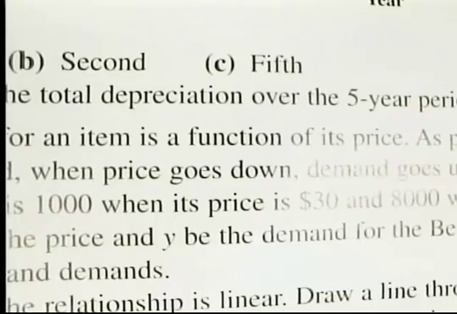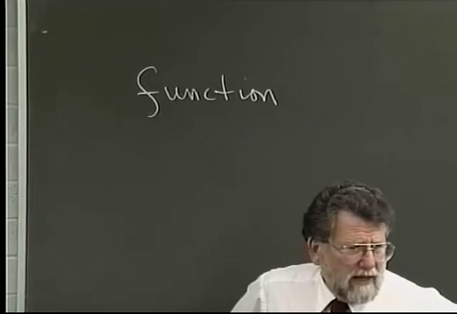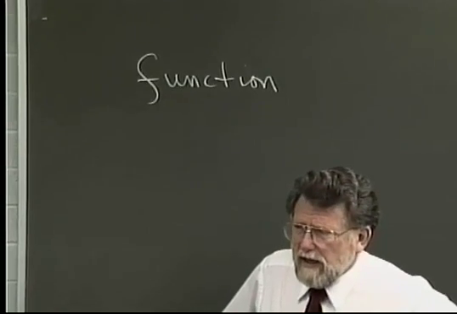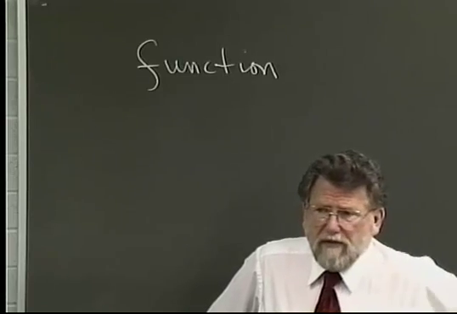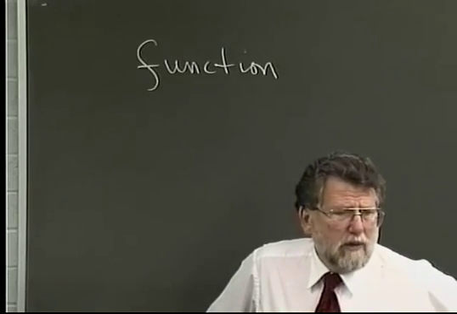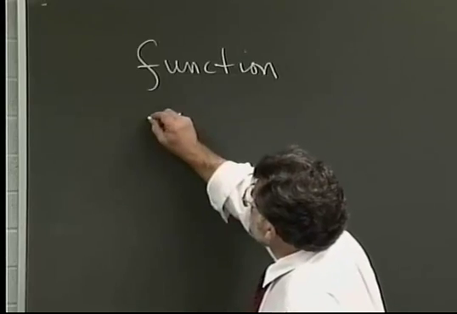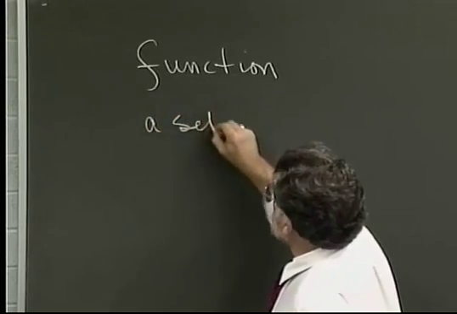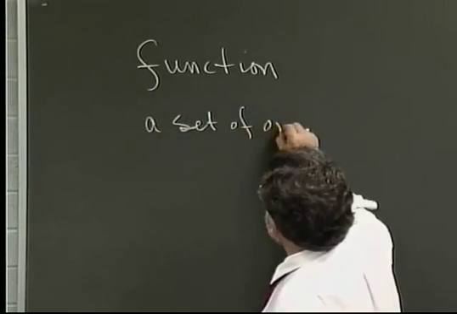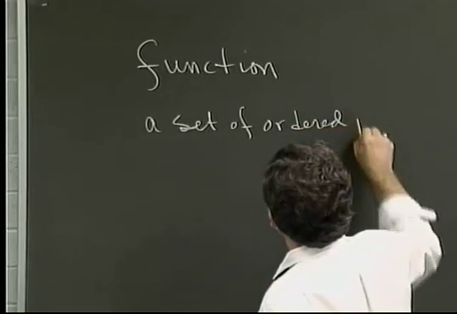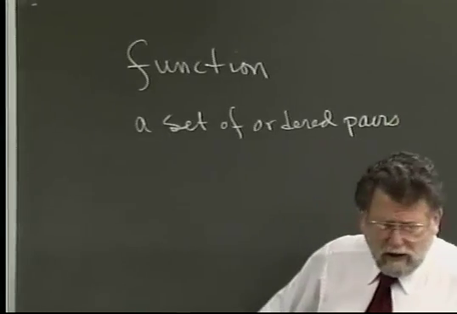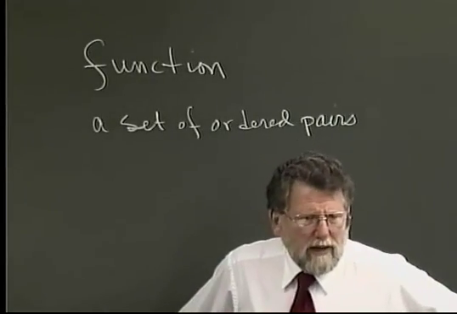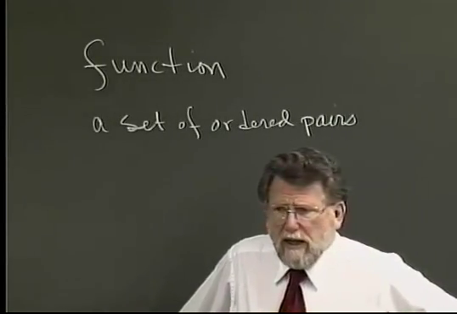Since the question was asked, I can't pass up the opportunity to talk about this word. First, the question. In mathematics, what is a function? In a very simple way, the definition is a set of ordered pairs. So when we talk about a function, we really talk about a set of ordered pairs.